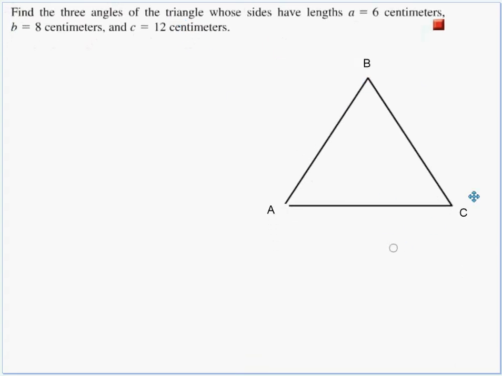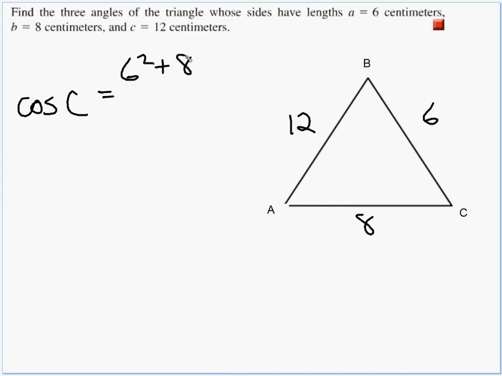Okay, first thing I'm going to label my triangle. Let's see, side A is 6, B is 8, C is 12, biggest side is 12, so we will be going after angle C. So let's see, the cos of angle C is going to be a squared plus b squared minus c squared over 2 times a times b.